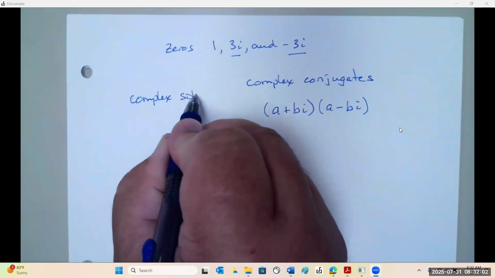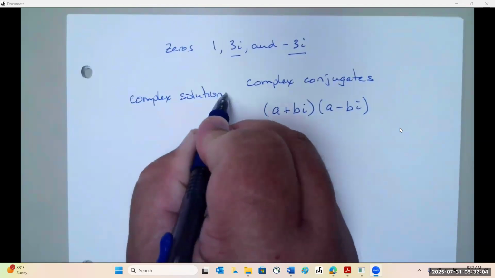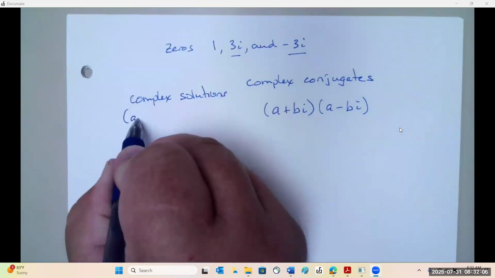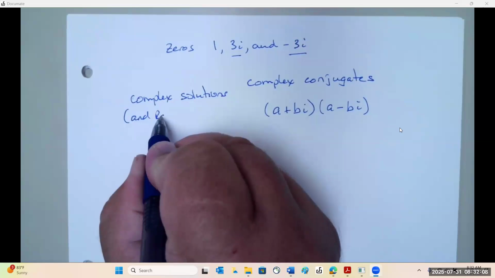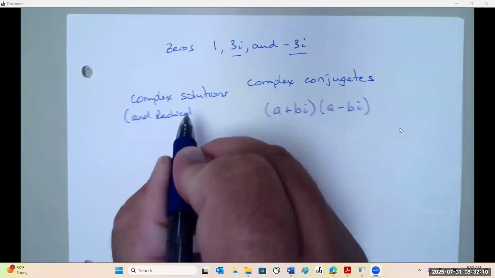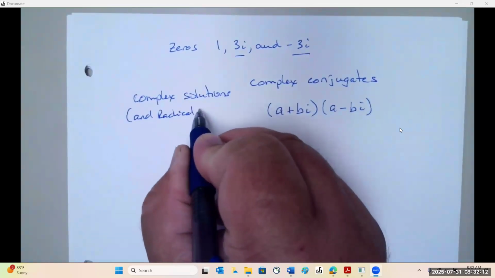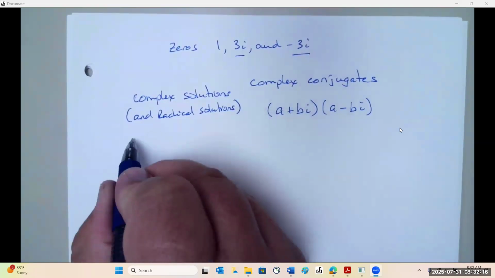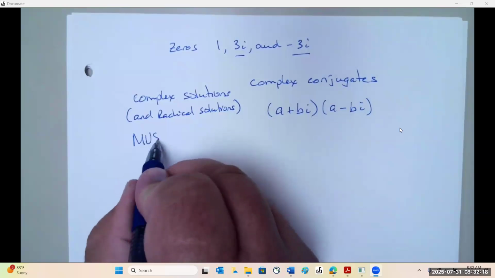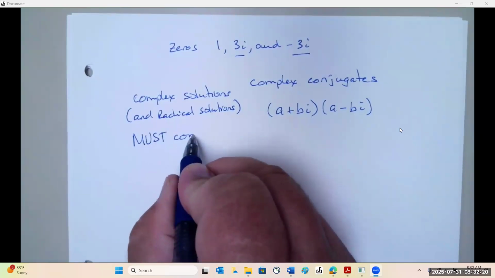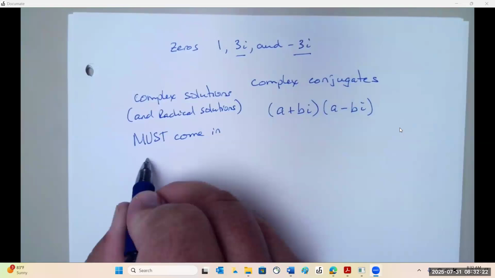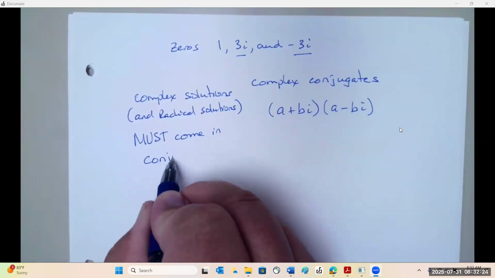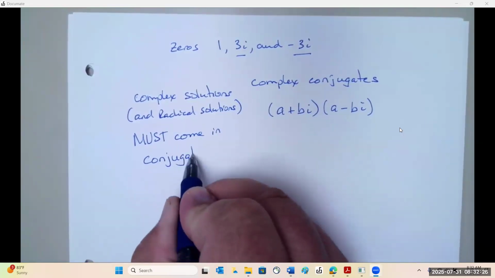Complex solutions and radical solutions must come in conjugate pairs.